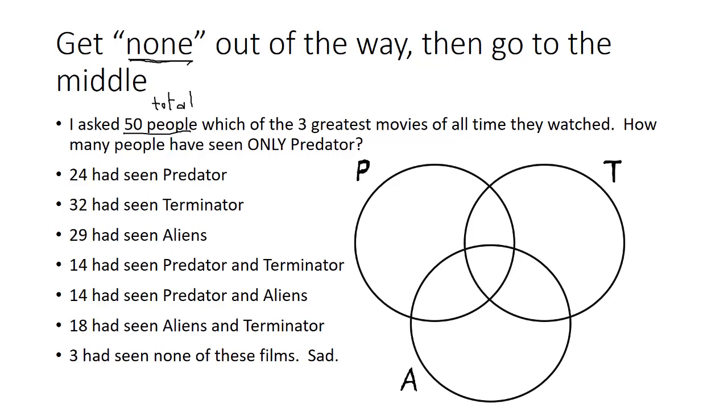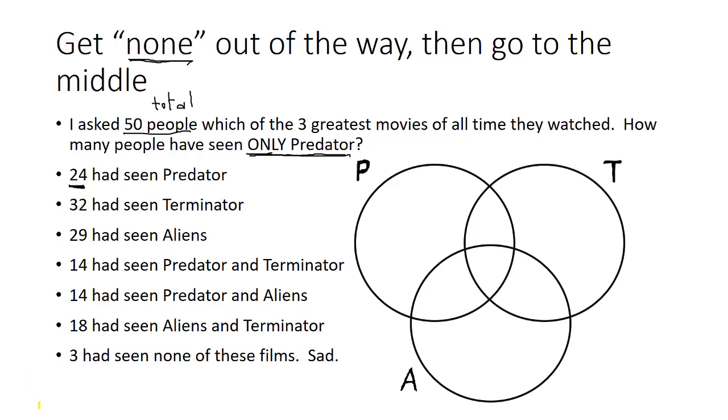We want to know how many people have seen only Predator, denoted by our P. So this is our Venn diagram here that we're looking for. Pay attention to this when you're publishing your answer in the future. Okay, we've got 24 people had seen Predator, not nearly high enough. Now think, oh, well, there's my answer. We're asking for only Predator.